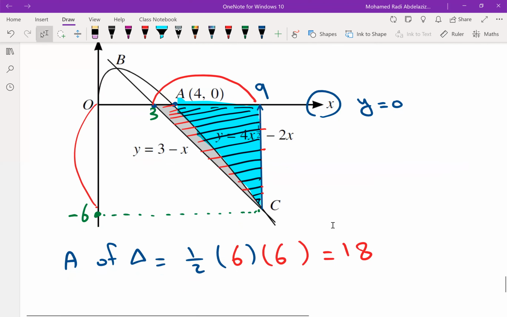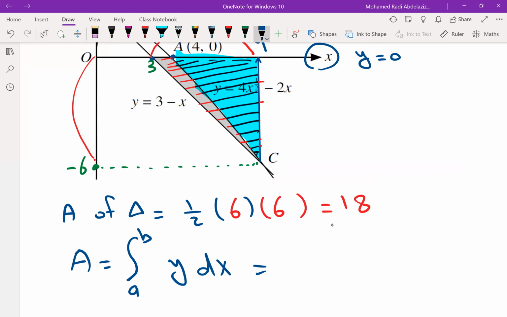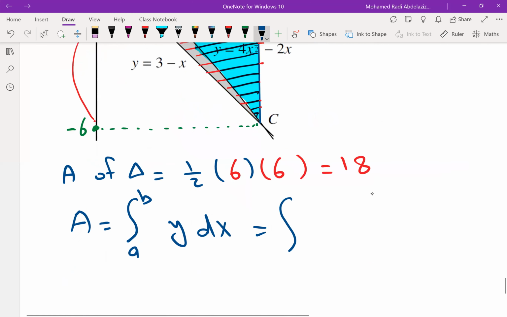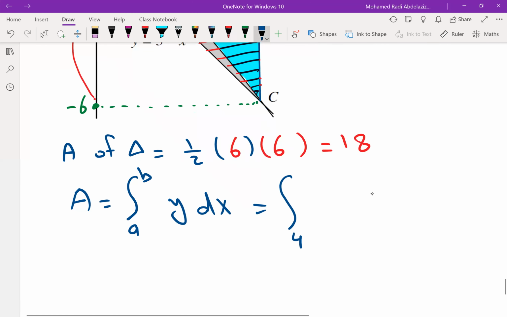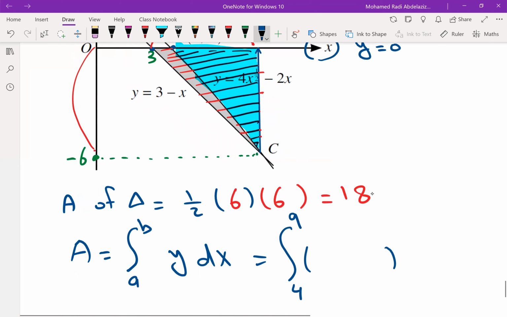How to get the area under the curve and the x-axis? The area is equal to the integral from a to b of y dx. So integrate, start from 4 till 9, at the limits 4 to 9, the function, which is 4x to the power of half minus 2x, dx.